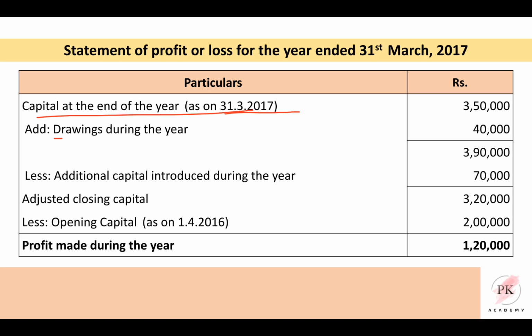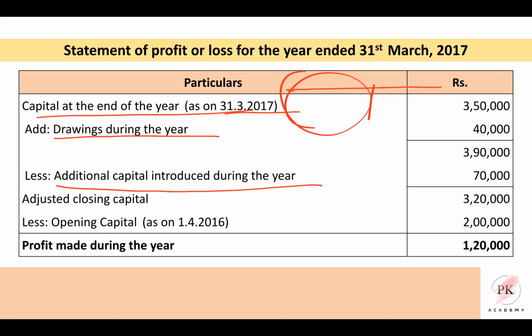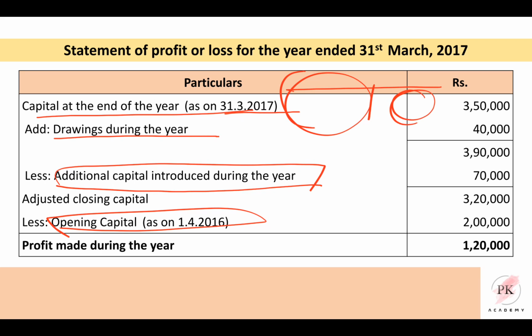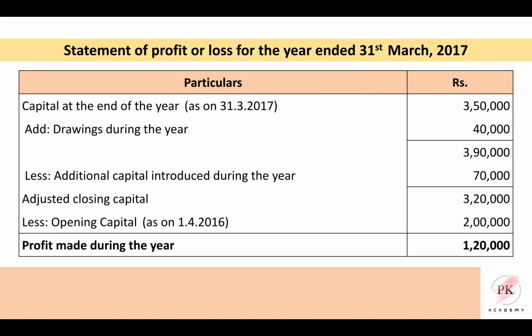Closing capital, after we add drawings, which is nothing but the debit side of capital account, and after that we subtract additional capital and opening capital, both are on the right side, which is the credit side of capital account. When we do that, the balancing figure will be on the credit side only, and it will be profit during the year. Get it? This is the understanding of statement of profit and loss.